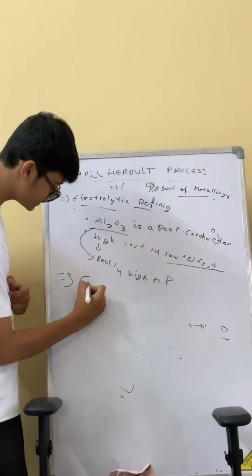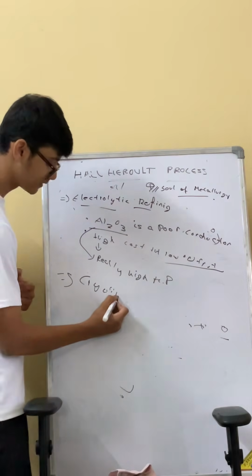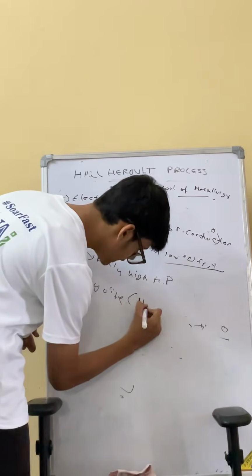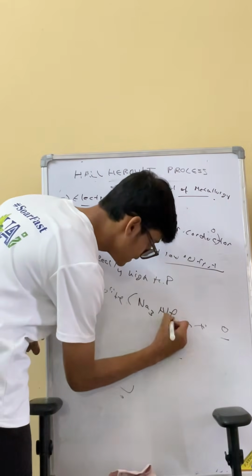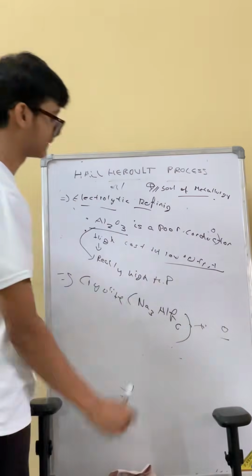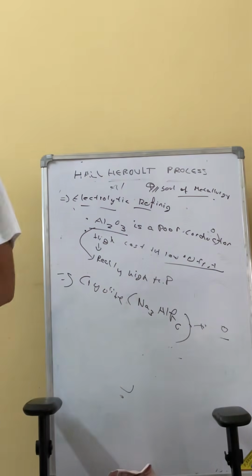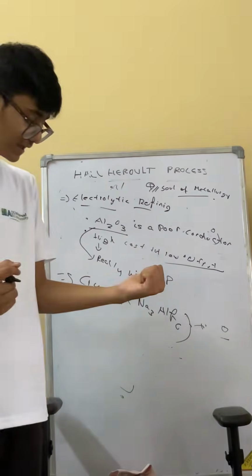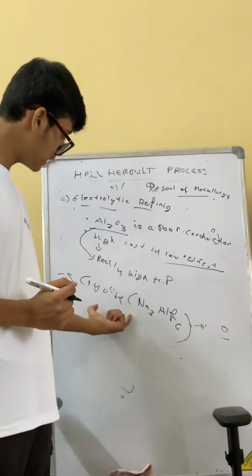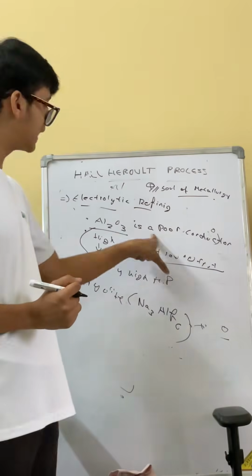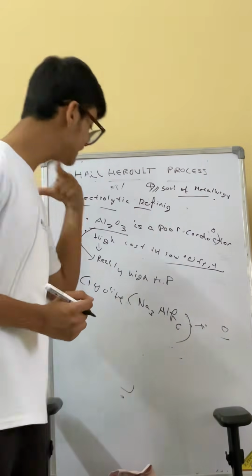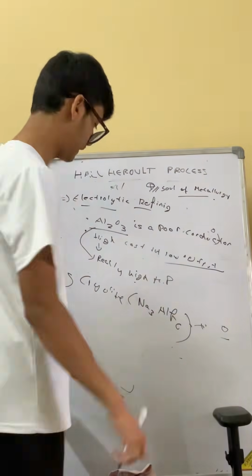They discovered something they called cryolite. Cryolite was basically Na3AlF6. This was cryolite, a substance which not only increased conductivity but significantly lowered the melting point.